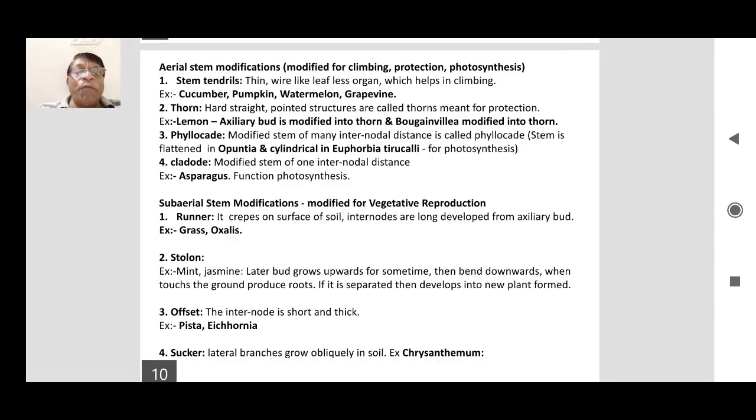Modified stem of many internodal distance is called phylloclade. In opuntia, the leaves are modified into spines to check transpiration, the stem becomes green, flattened, takes part in photosynthesis. Such a modified structure is called phylloclade.